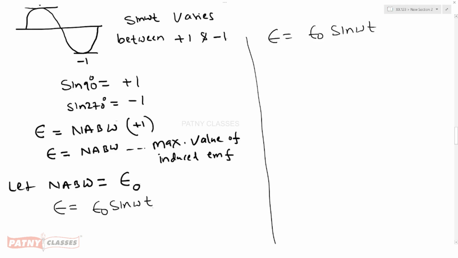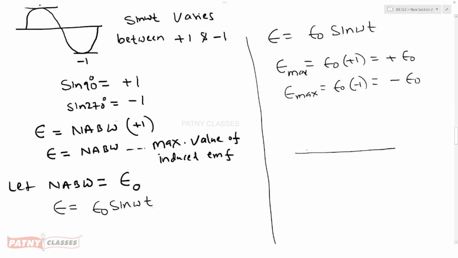Here I would like to tell you that it is actually epsilon, but I call it E, excuse me for that. So the maximum value E max for the positive side is E naught into plus 1 equals plus E naught, and the maximum value for the negative side is E naught multiplied by minus 1, that is minus E naught.